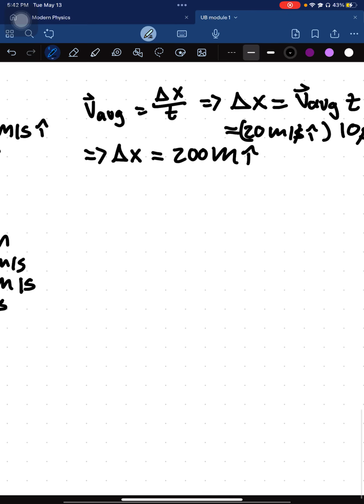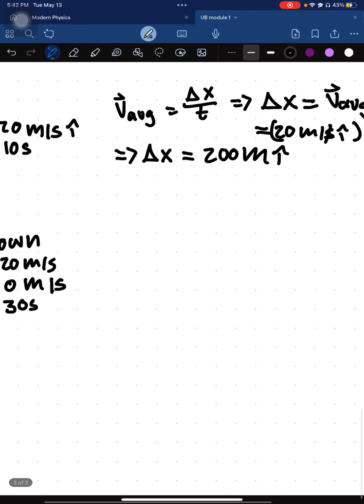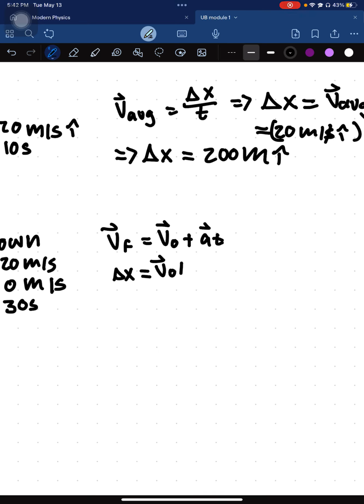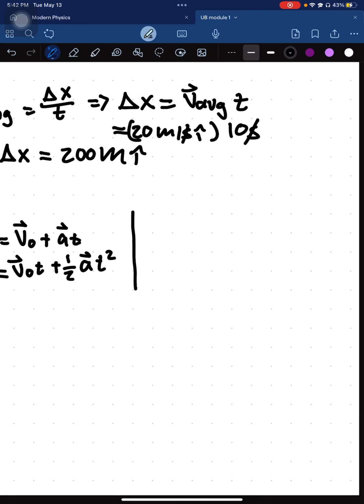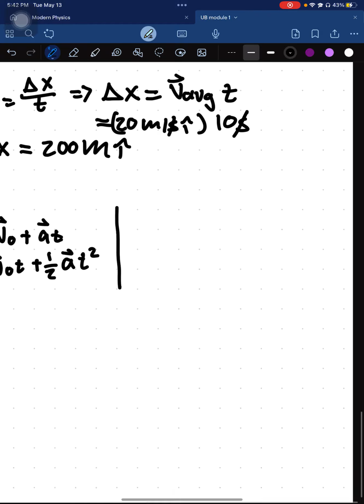Okay, so we are going to use the equations VF equals V naught plus AT, and I'll add all of my little carets there. These are vectors. And delta x equals v naught t plus 1/2 a t squared. Okay, now we can get to solving this.